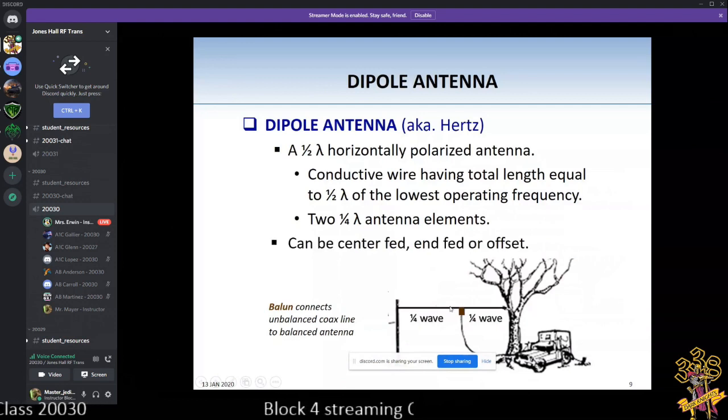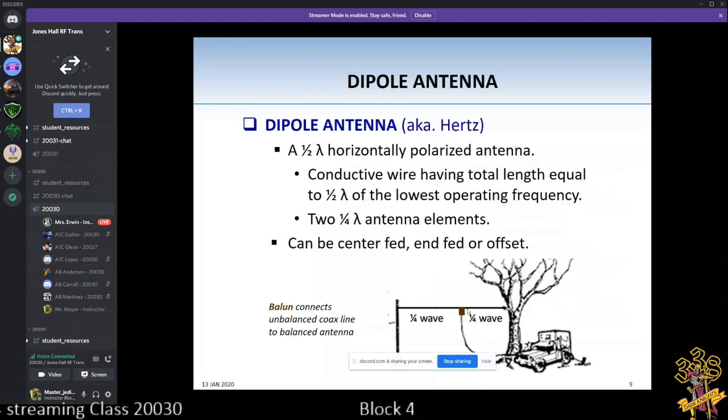It's called a dipole antenna because on your coaxial cable, you have a center pin and you have a ground braid. When you connect that here to the balun, it's going to connect the center pin to one half of the antenna, the ground braid to the other half of the antenna. That's why you have dipole, two poles.